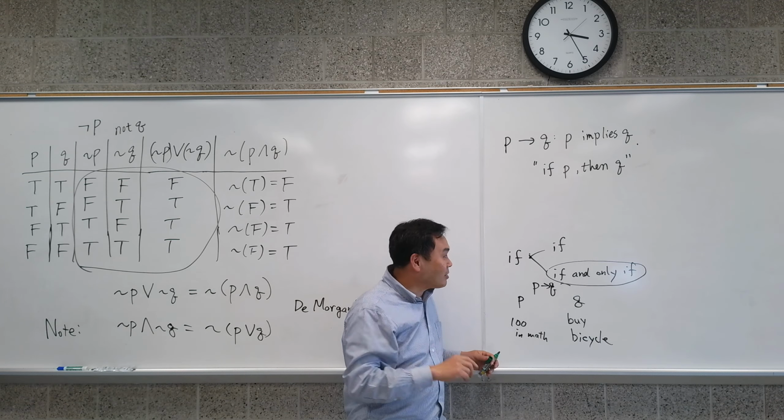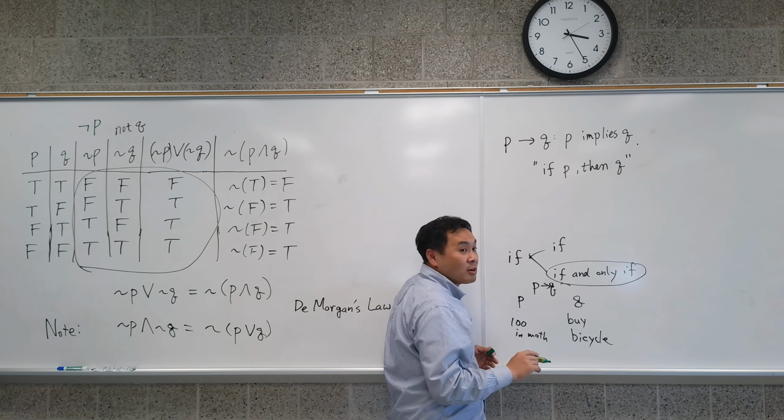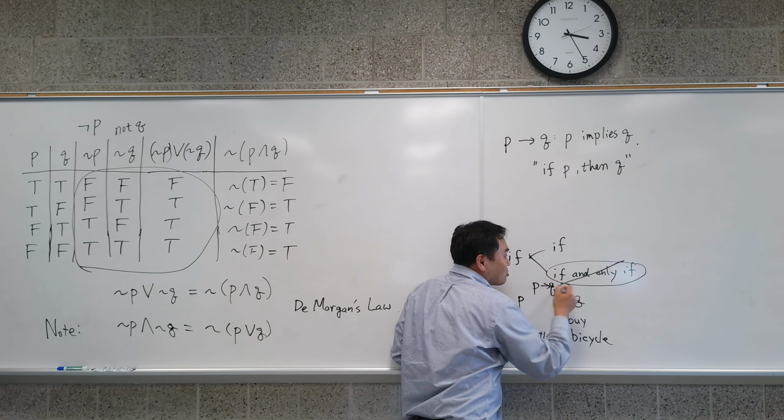All right. And then when it comes to logic, we don't use this one. This one will be written as if and only if. It's a separate notation. If and only if will be written like this, arrows going both ways. And when you see an arrow only one way, then it will only be talking about the one kind of if, which doesn't say anything about what happens if P is false.